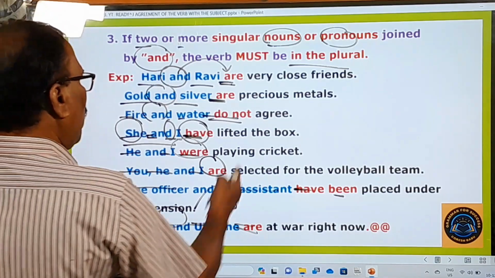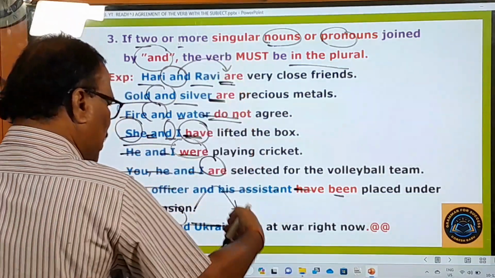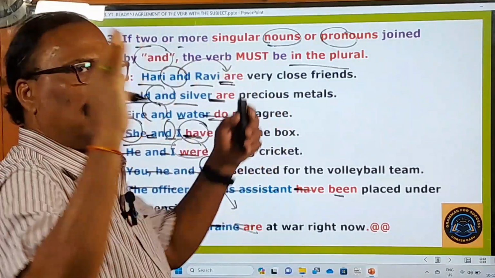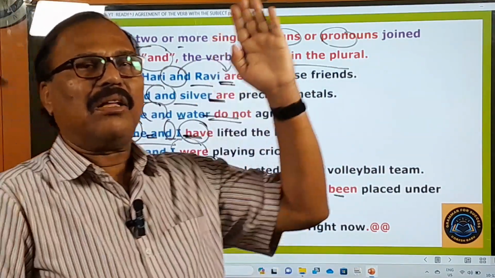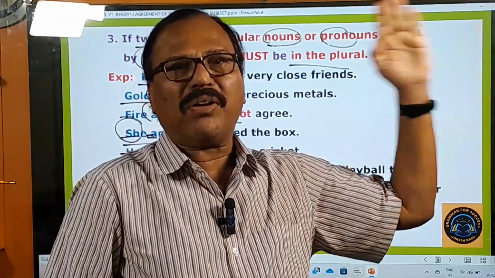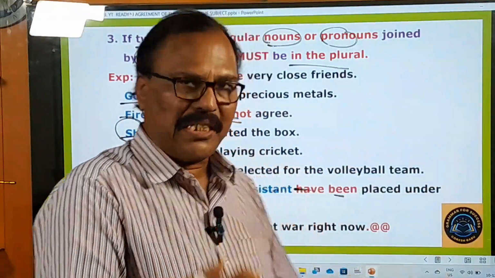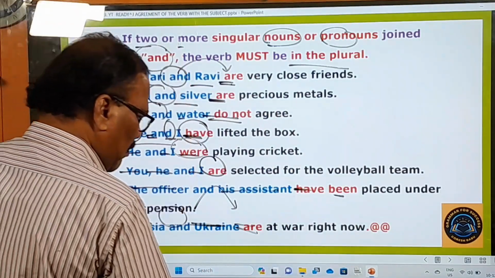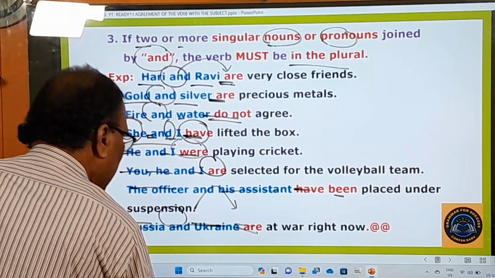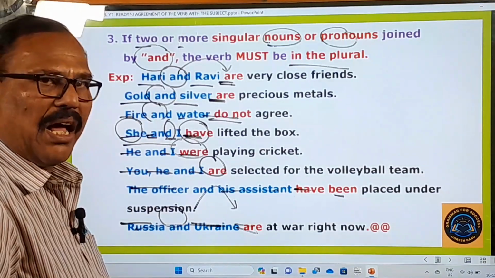So in all these examples you understand that two singular nouns or pronouns joined by 'and' take a plural helping verb or main verb after them. That is the rule. Please watch this slide again and again so that you can have a good idea about all these things.